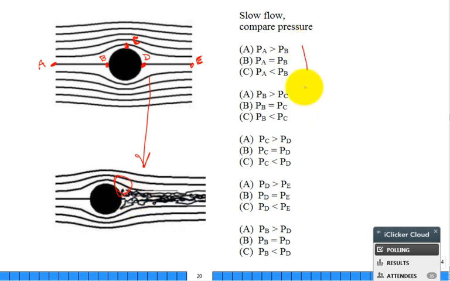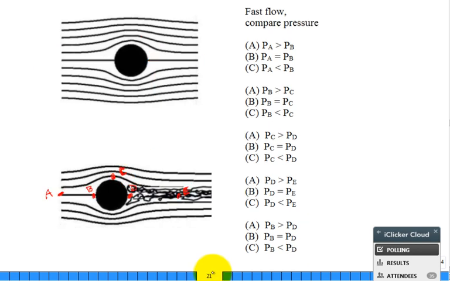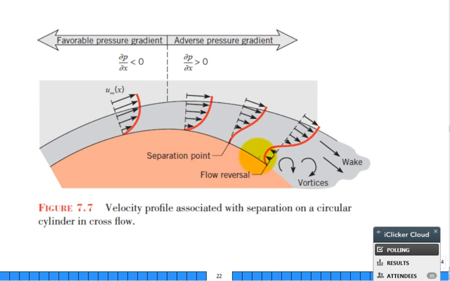Then, if you master what's happening to all the pressures, that's great. And then what you do is you find that you have this adverse pressure gradient region that you're flowing into. The flow near the surface has the lowest velocity.